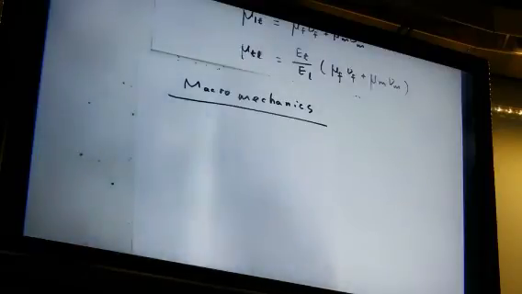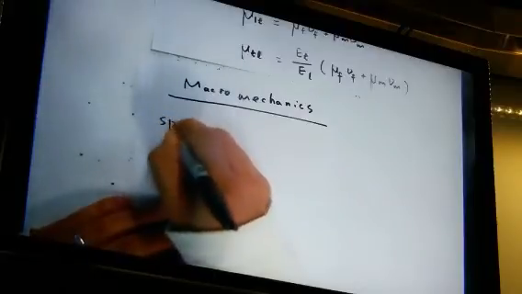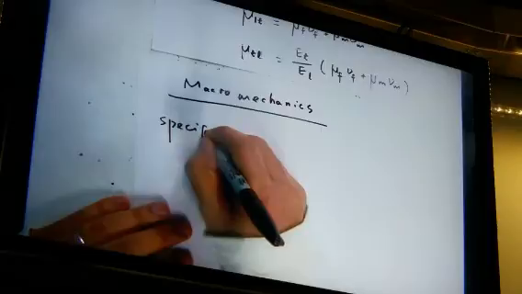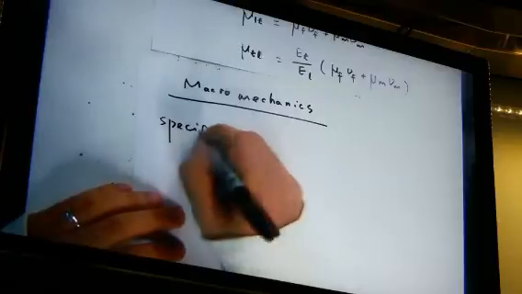What is the strain? So the first thing we learn is specially isotropic plies.